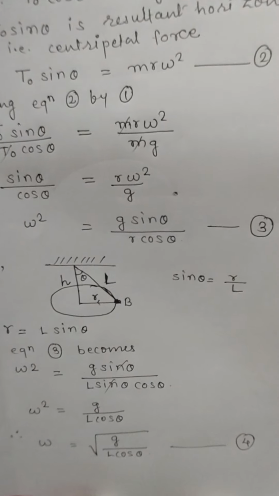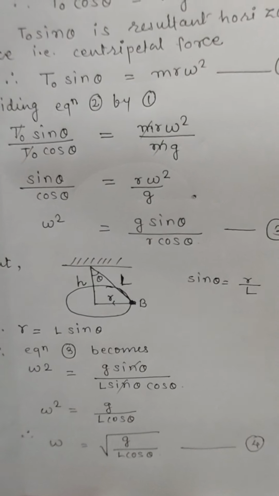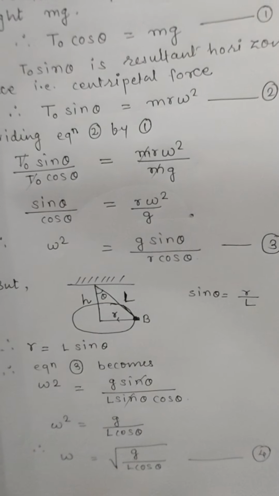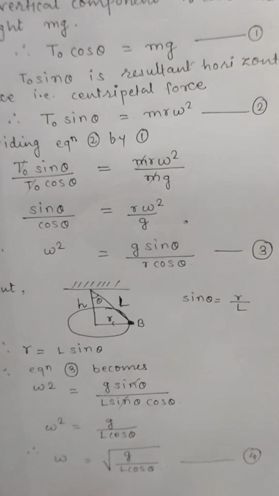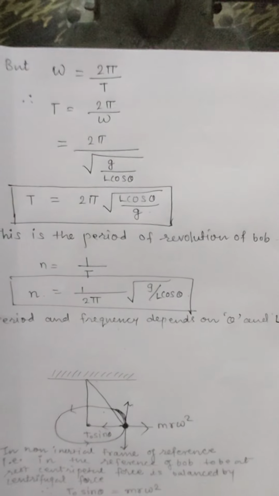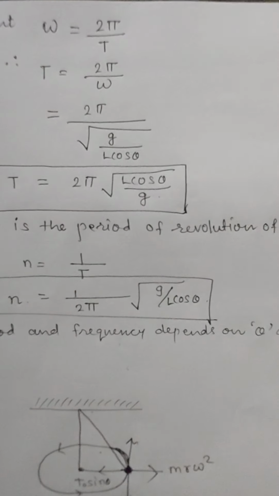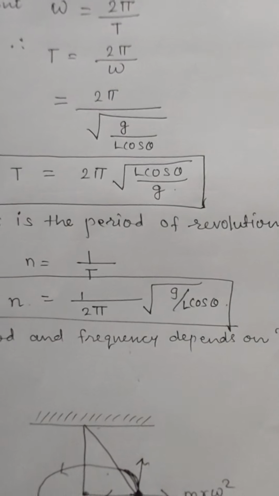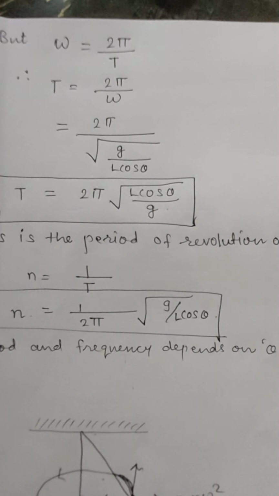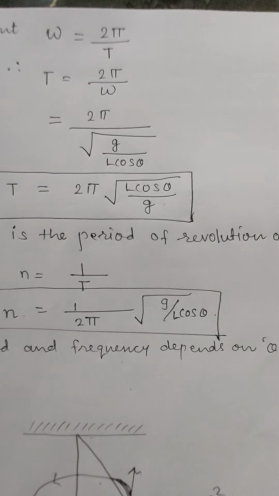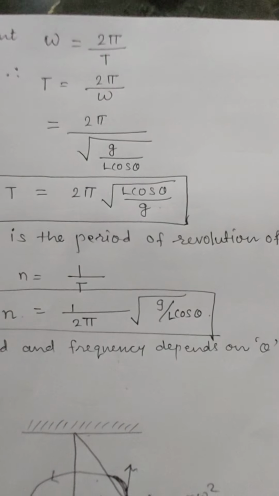So we have to find the periodic time, or period of revolution, of the bob. We know that omega is equal to 2 pi upon T, where T is the period of revolution of the bob. So we can rearrange this. We'll get T is equal to 2 pi upon omega.